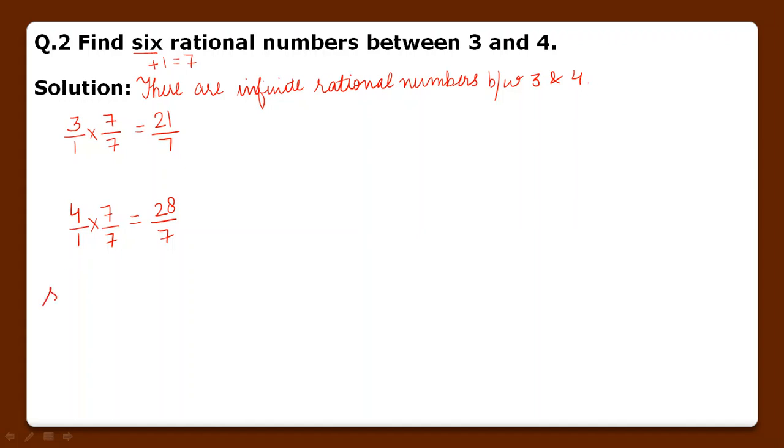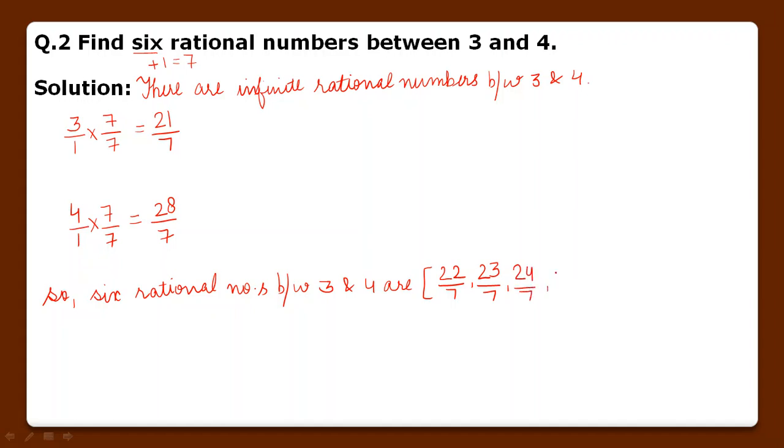We can write here. So 6 rational numbers between 3 and 4 are 21 upon 7 और 28 के बीच में 22 upon 7, then 23 upon 7, 24 upon 7, 25 upon 7, 26 upon 7, 27 upon 7.